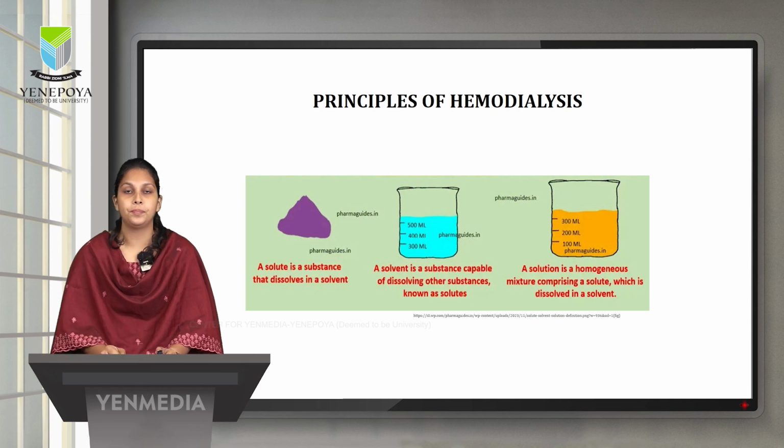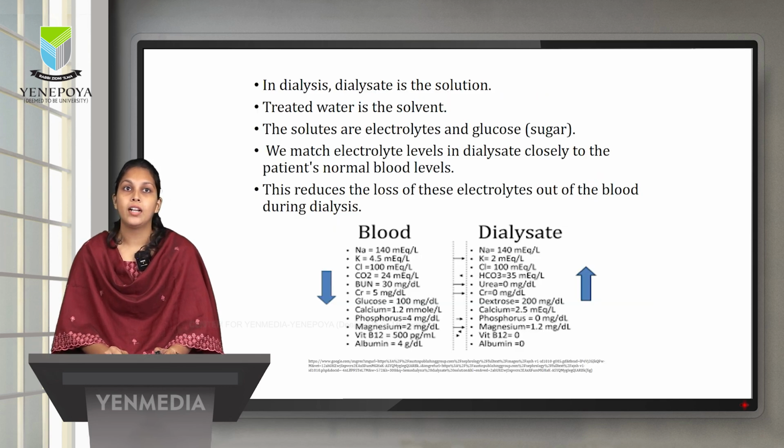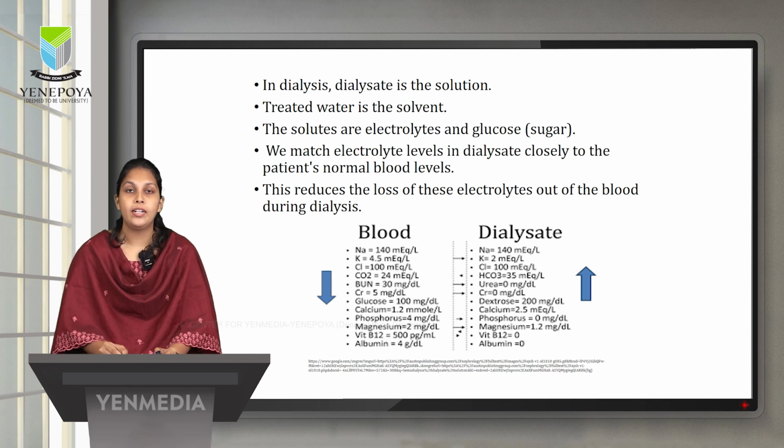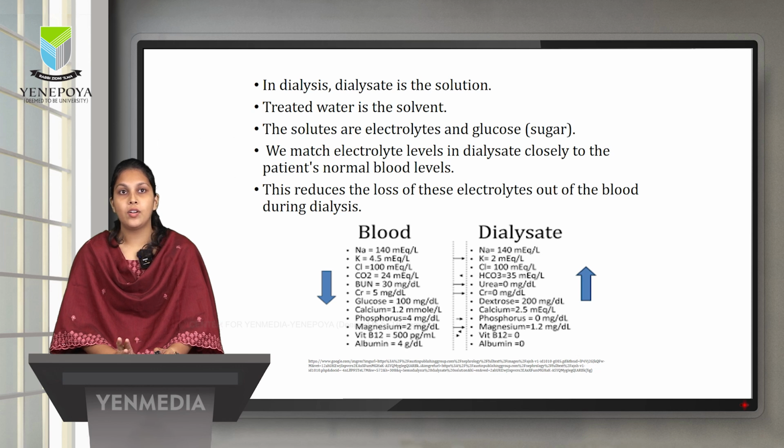In dialysis, dialysate is the solution, treated water is the solvent, and solutes are the electrolytes present in the dialysate solution, like potassium, sodium, chloride, and glucose, etc. You can see that there are slight differences in the concentration of blood and dialysate.